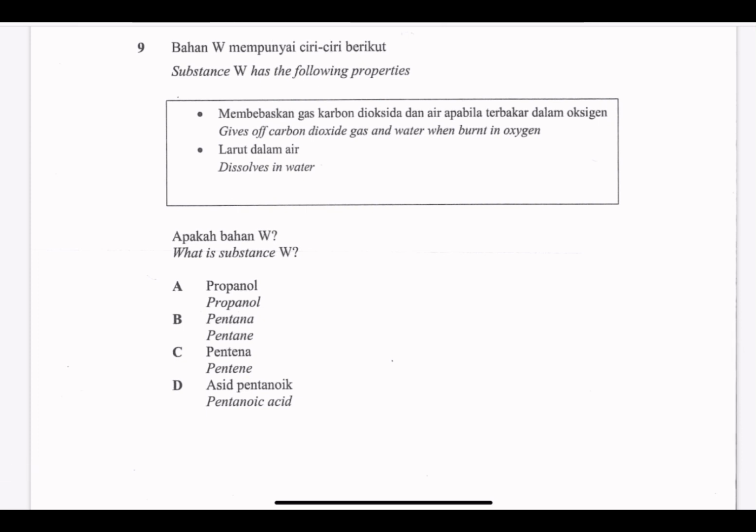Okay, question 9. Substance W has the following property: it gives off carbon dioxide gas and water when burned in oxygen. So this refers to combustion, and it's a complete combustion. So substance W is something that can be burned and dissolved in water, can be a solute in water.